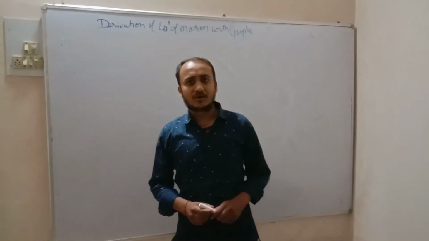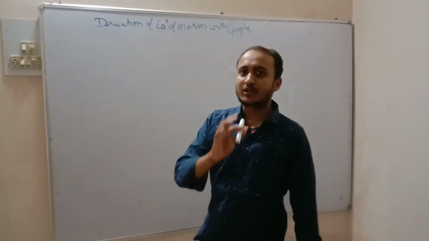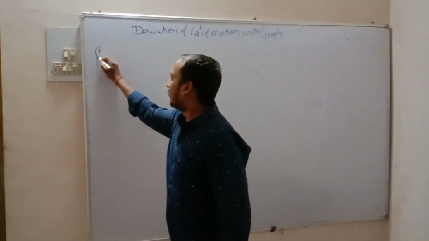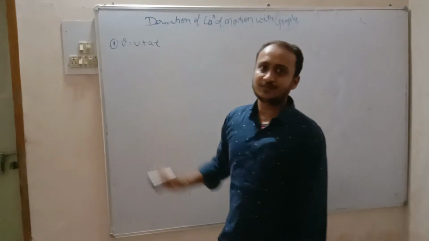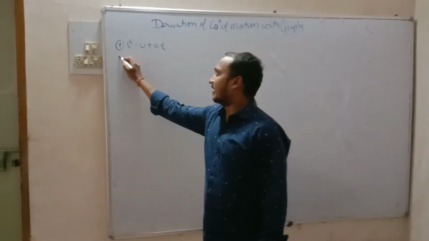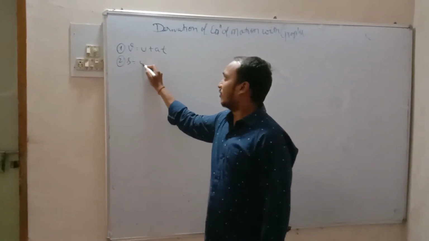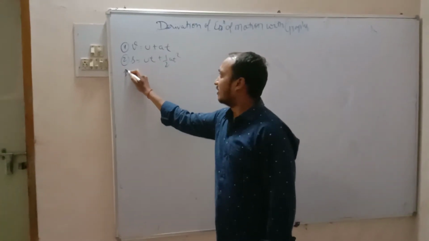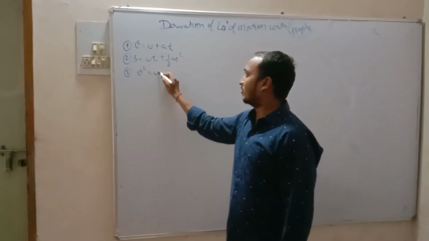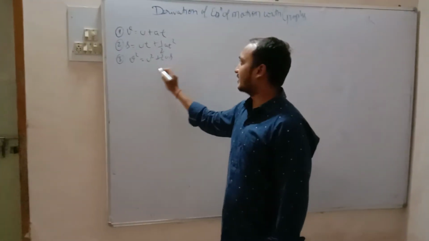Friends, we already have learned four types of equation. First was V equal to U plus AT. Second was S equal to UT plus half AT square. Third was V square equal to U square plus 2AS.